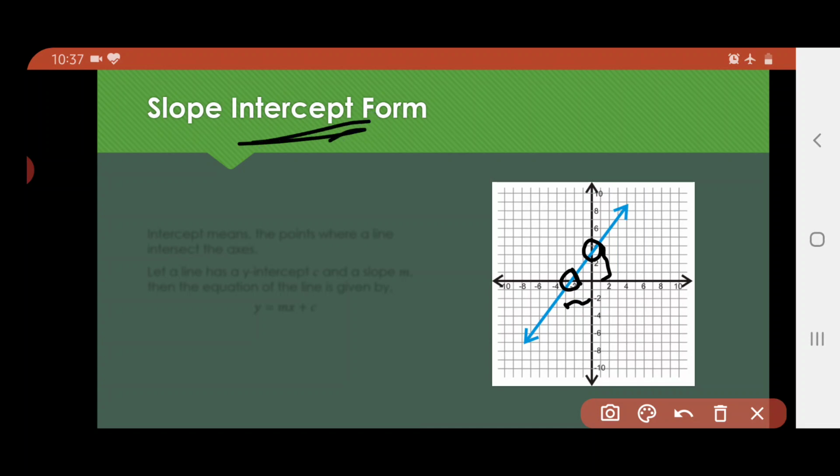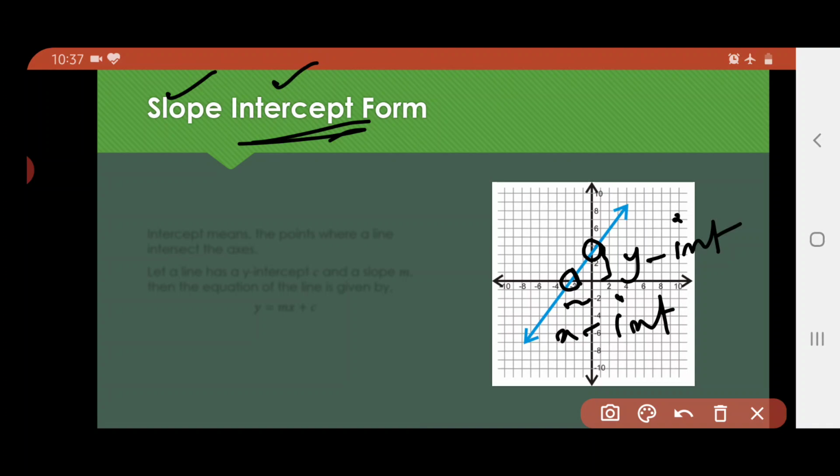The intercept made on the y-axis will be called the y-intercept, and the one made on the x-axis will be called the x-intercept. Now for the slope intercept form, by now you understand that there should be two things given. One is the slope of the line, and then I should know one of the intercepts. Which intercept should I know?